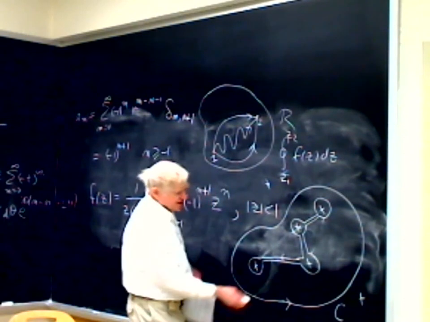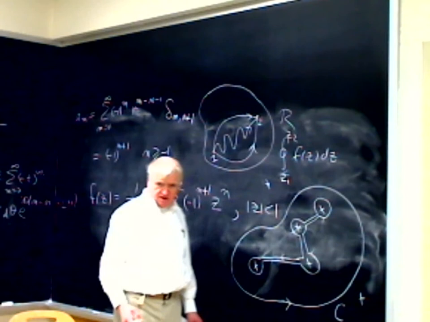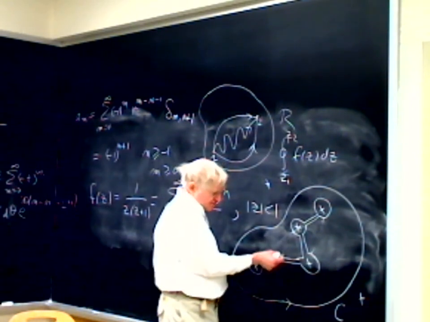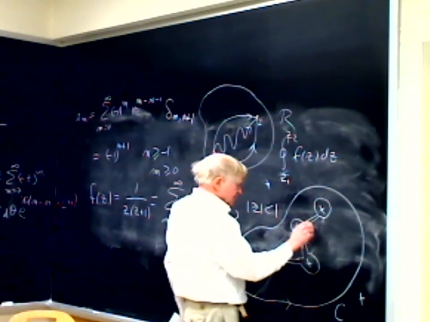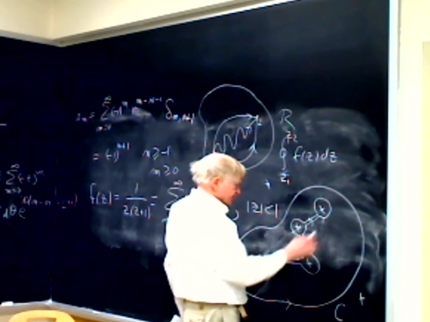Okay, so we've gone from this contour that goes around all 4 points to a new contour. In fact, if you now shrink these, which way is this thing going now? It's this way and that way.